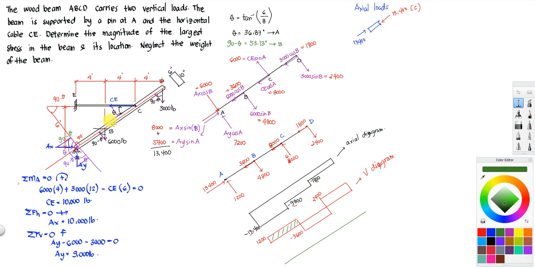Since this is parang 3 and 4, so this is maybe 5 feet, 5 feet, and then this is 5 feet. Okay? So, we will be having here 1,200 times 5. So, you can have it as 6,000 pound-feet. So, that is positive 6,000.